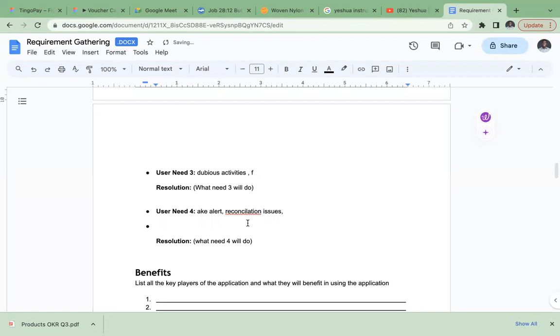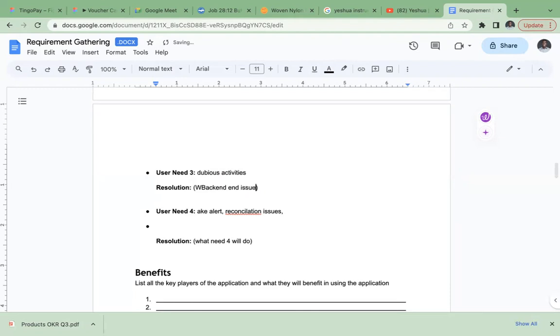Okay, thank you. So we have user need 3. We discuss that we are trying to solve the need of dubious activities, right? Dubious activities, like some people being able to send money 2 times, maybe. But this is basically a backend issue, so you may not be able to understand what I'm saying.